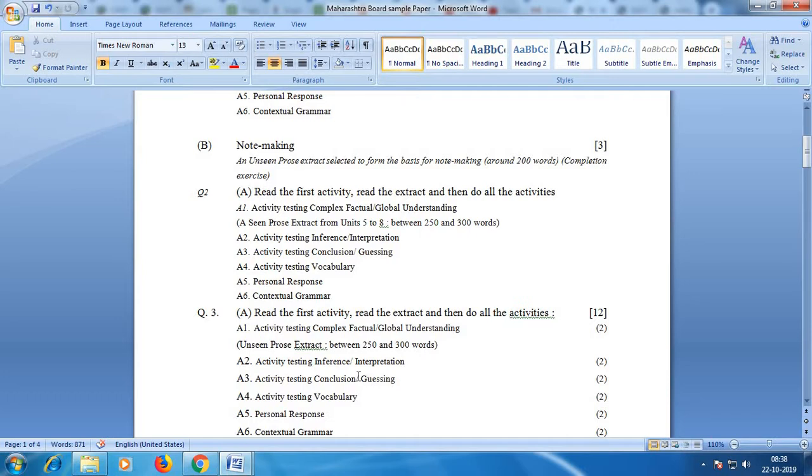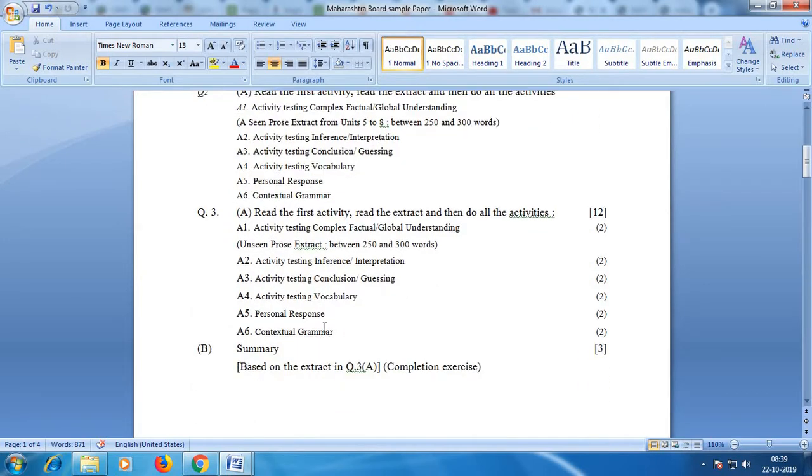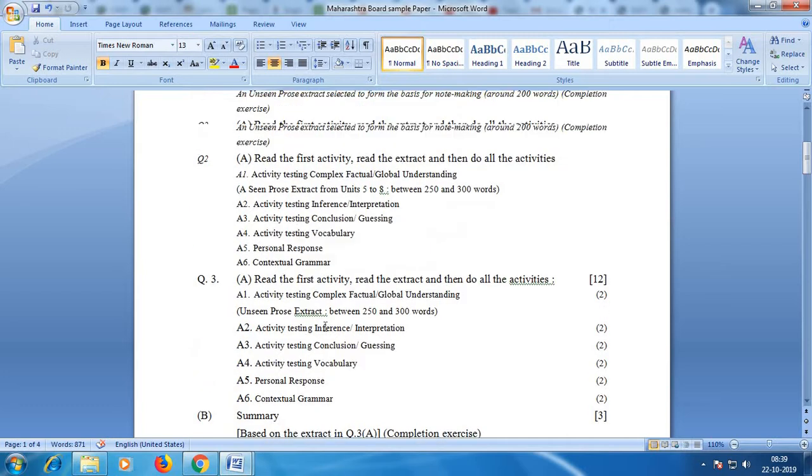Now here you can see the second question again: global understanding, inference testing, conclusion testing, vocab testing, contextual grammar, all that. These are all of 12 marks.